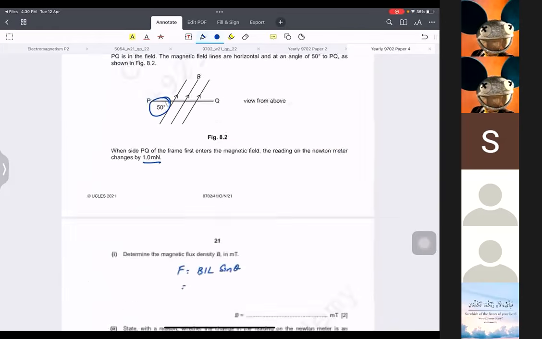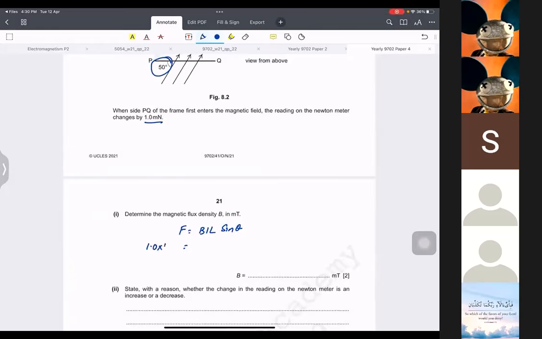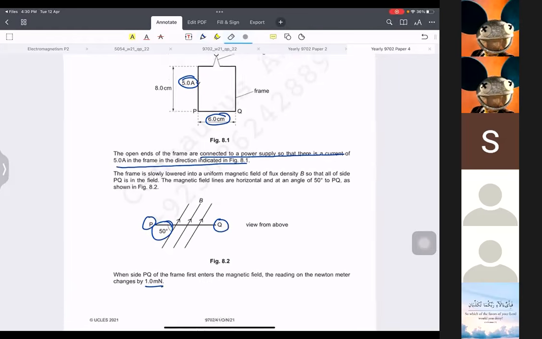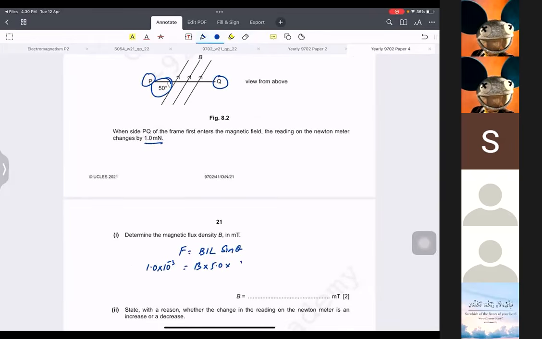1 millinewton. Okay, 1.0 times 10 raised to minus 3. The current was I think 5, if I'm not wrong. And the length has to be the perpendicular length. So this is PQ length, right? 0.6 means 0.06 meters and sine of. Has somebody done it?